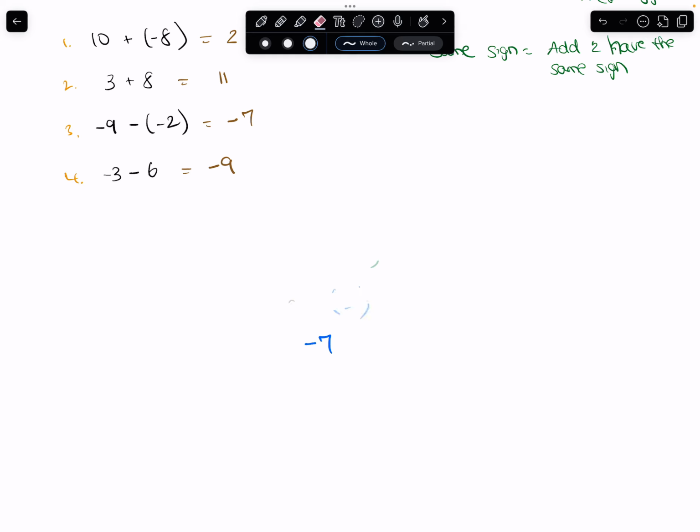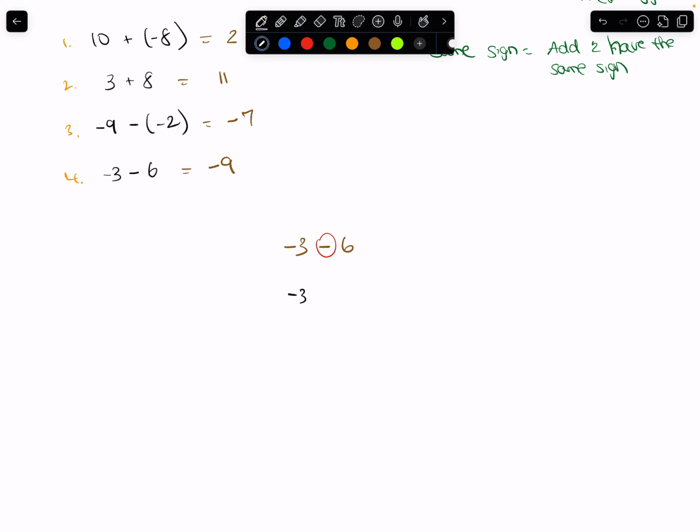Lastly, -3 minus 6. Again, the sign in the middle is not positive. It's not a plus sign. So we engage keep change change.